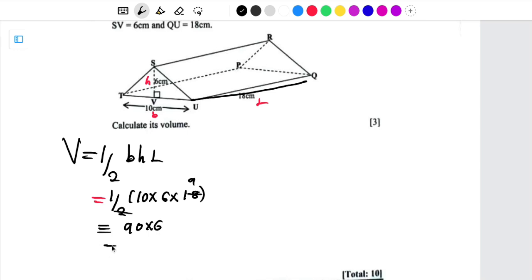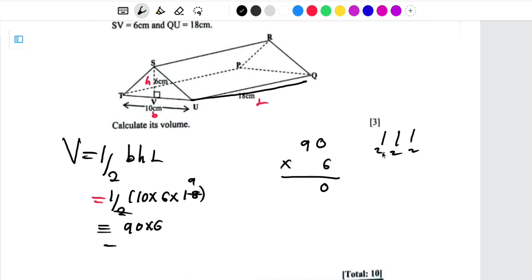Let's see, what am I going to get here? Okay, let me do this. We have 90 multiplied by 6. So this is going to give us 0. Then what is 6 multiplied by 9? So remember here, you're not supposed to use a calculator. So what you're supposed to do is this. This is 1, 2, 3. So this is 2, this is 2, this is 2.